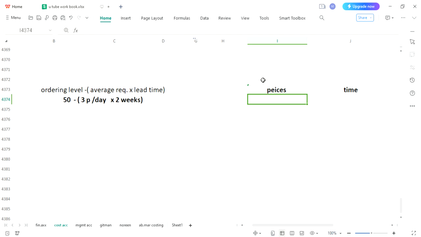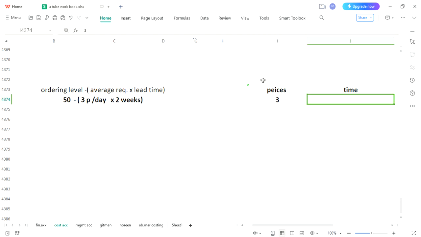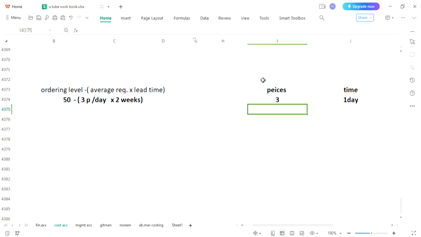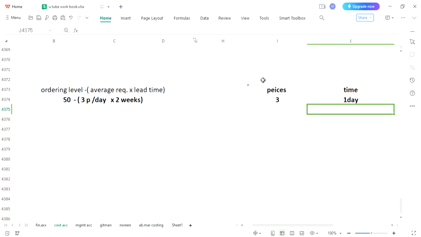Three pieces were told in the question as average requirement, and these three pieces were for 1 day. And you want to know per week, how many days are present in 1 week. It has been described in the question that there are 6 days in a week.